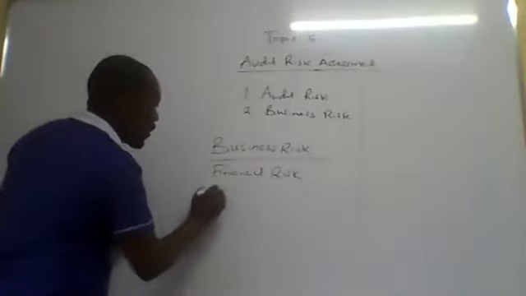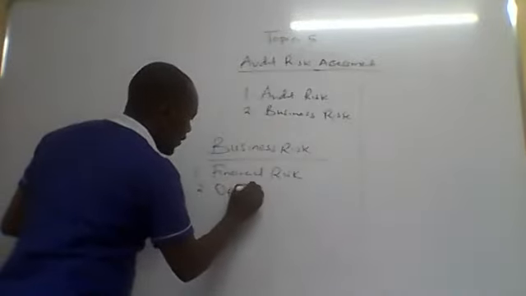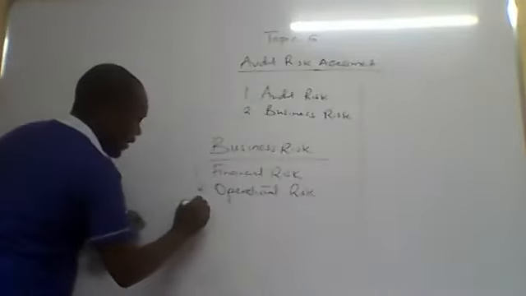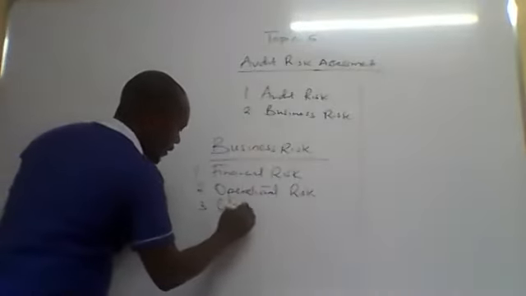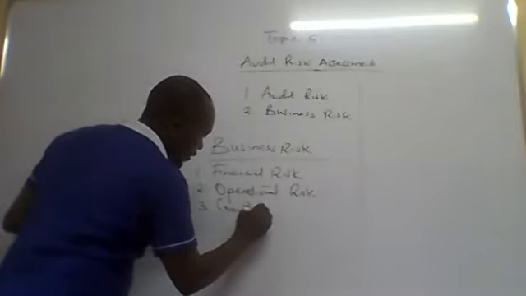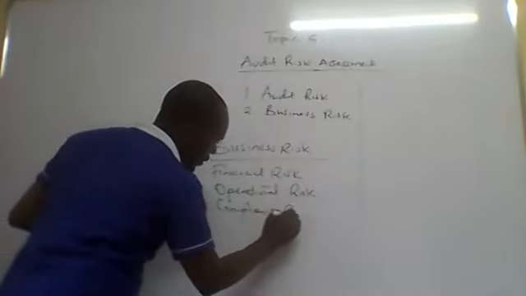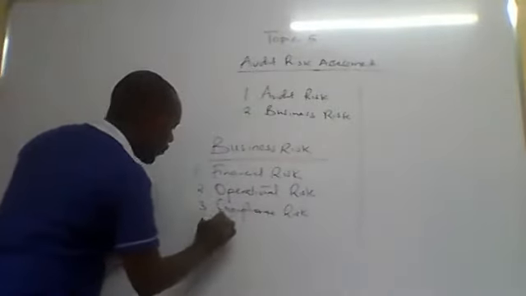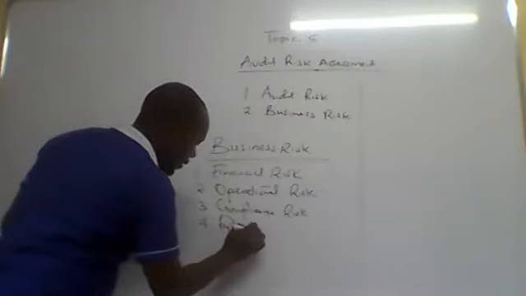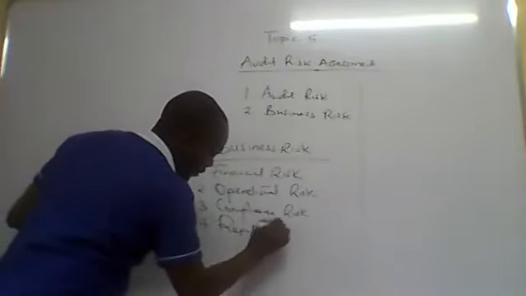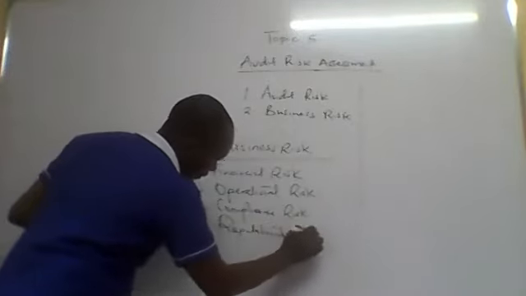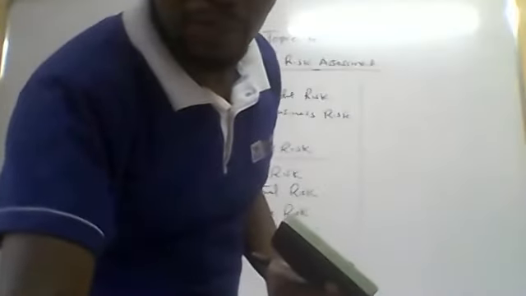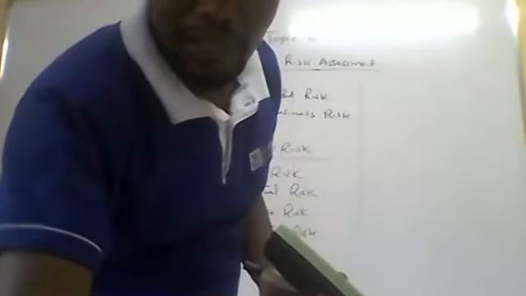Number two, we talked about operational risk. Number three, we talked about compliance risk. Number four, we talked about reputational risk. So you know the type of reputational risk that we are exposed to. Those ones you know.